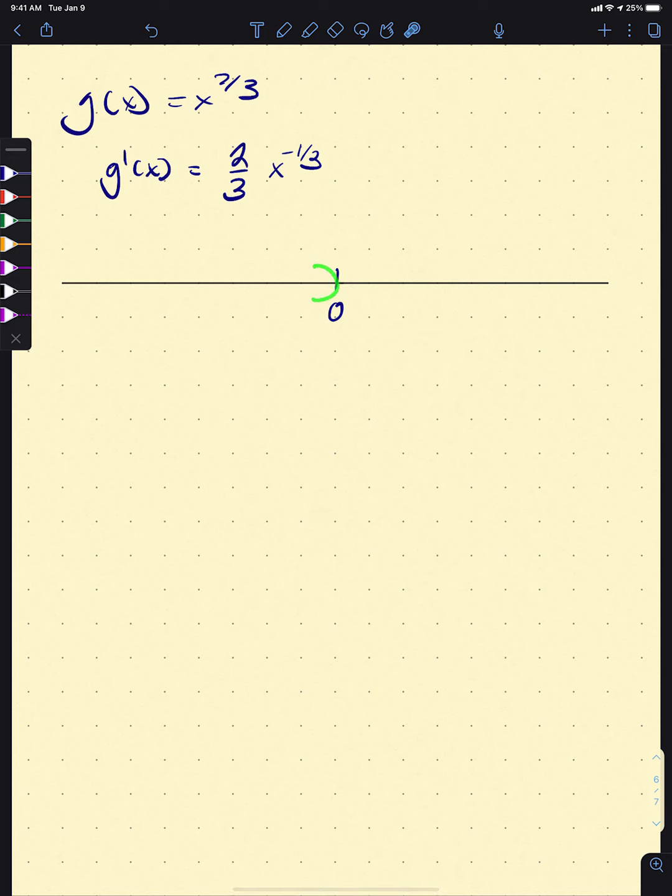And if I find the value of some test point here, all of this is determined, right? And I can pick the very natural 1 and negative 1, right? Notice that if we choose c equals 1, we get g prime of c, sorry, that's going to be just 2/3, right?